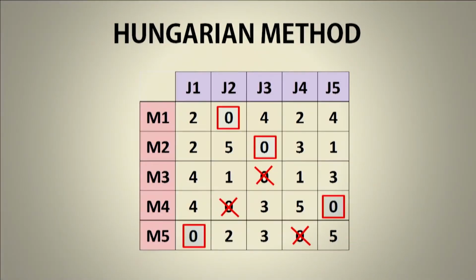The marked 0 elements indicate that we can go for assignment, that is, M1 can be assigned with J2, M2 can be assigned with J3, M4 can be assigned with J5 and M5 can be assigned with J1. But this assignment cannot be considered since M3 has no assignment.